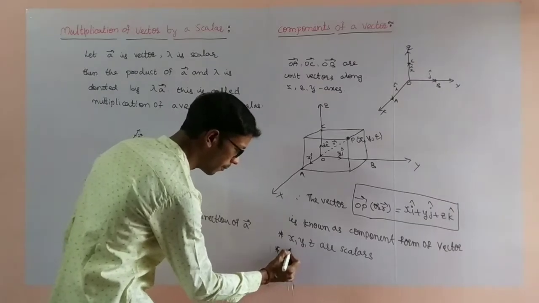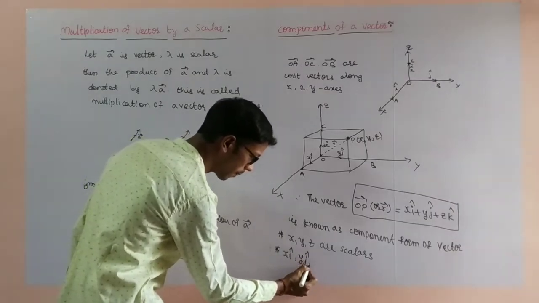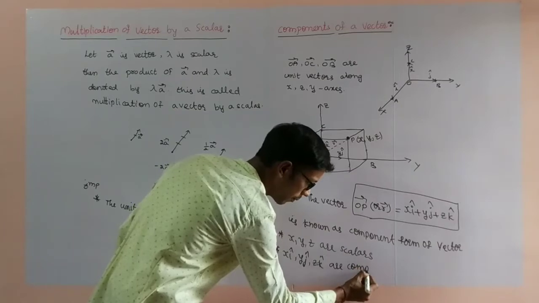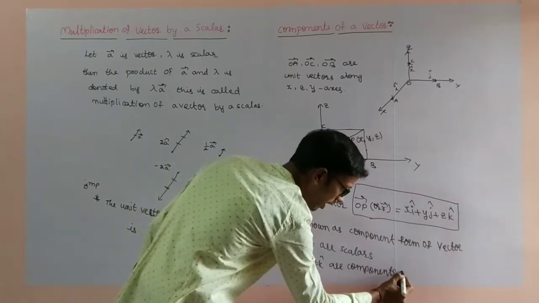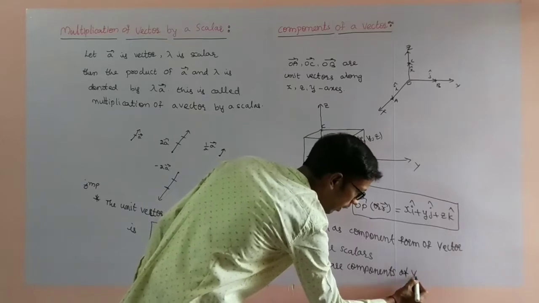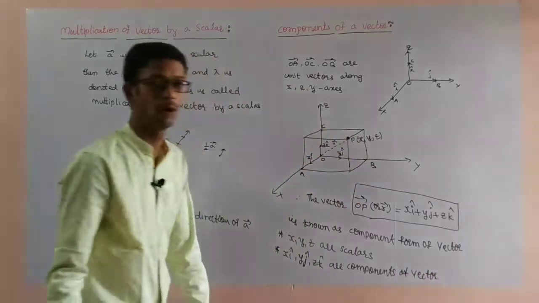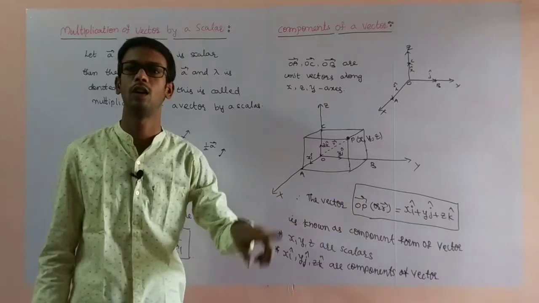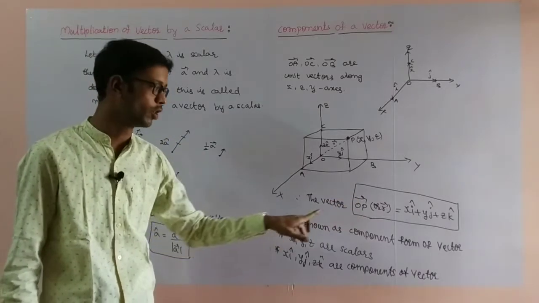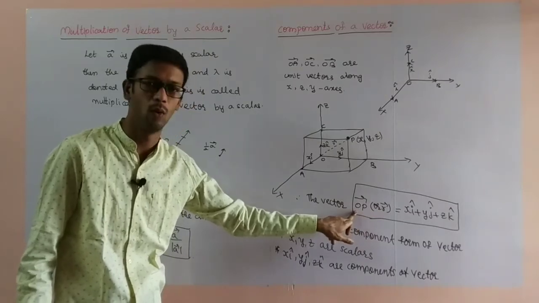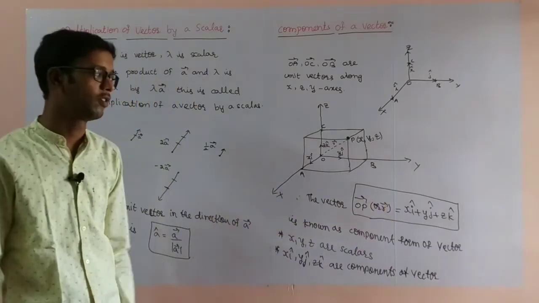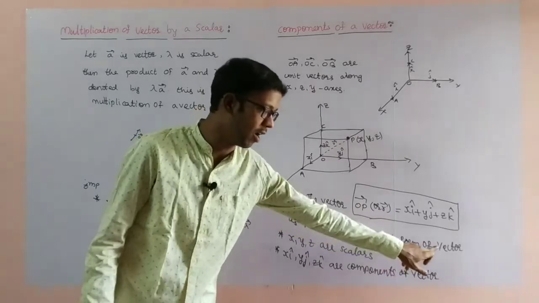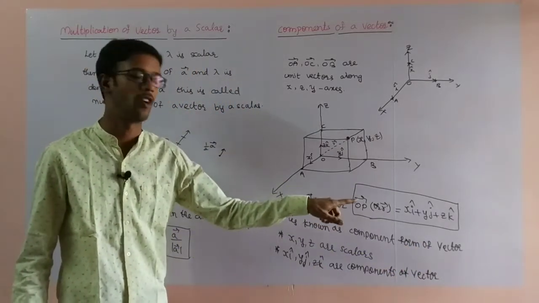X I cap, y j cap, z k cap are the components of a vector. The important point is OP bar is equal to xi cap plus yj cap plus zk cap, the position vector of P with respect to O. R bar equal to xi cap plus yj cap plus zk cap is known as the component form of a vector.